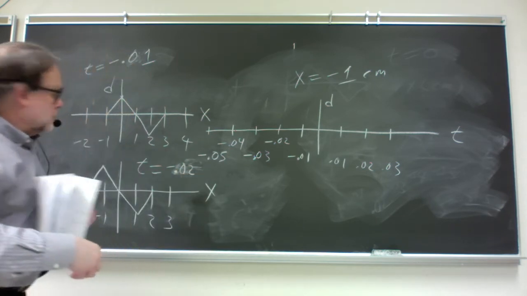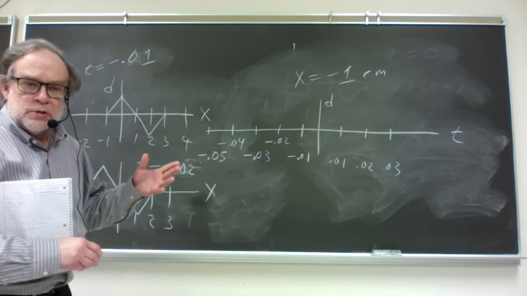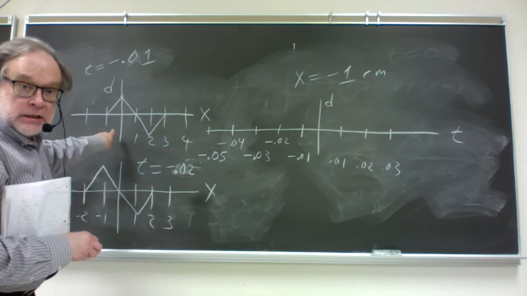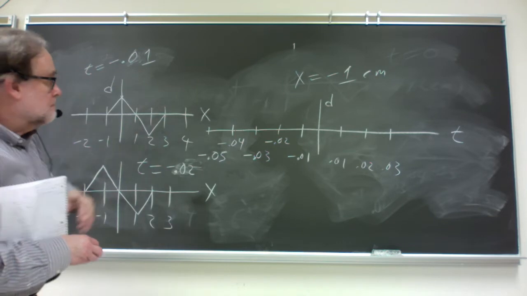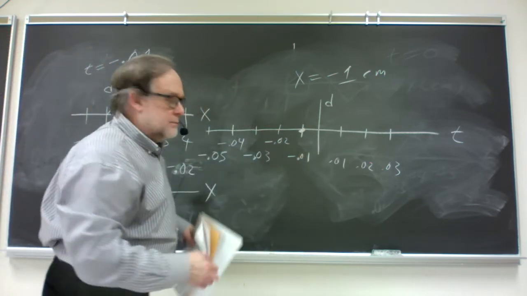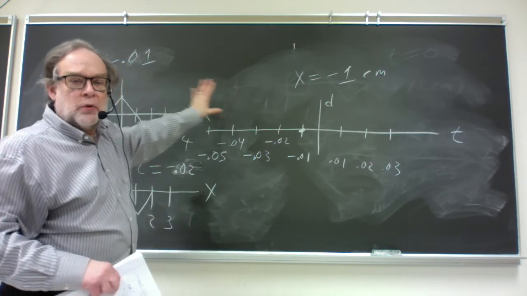Okay, one thing we saw was that the disturbance and the displacements of the minus 1 point ended right here at this time, negative 1/100th of a second. At all later times, this pulse was past the minus 1 point.